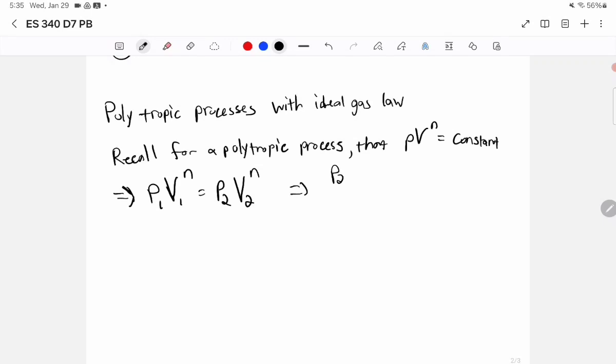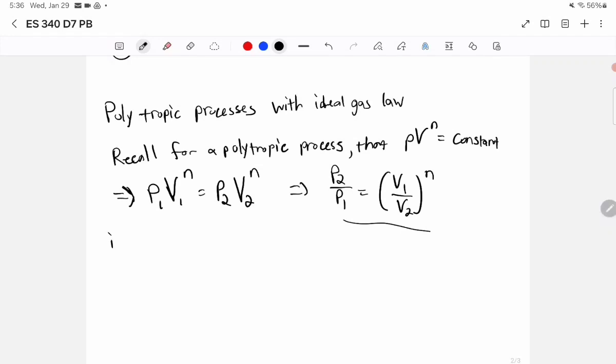And we can rewrite this as needed. If I divide by P1 and divide by V2 to the n, I can pull the n out based on the exponential rules, and this is what we get. Okay, so this is quite convenient.